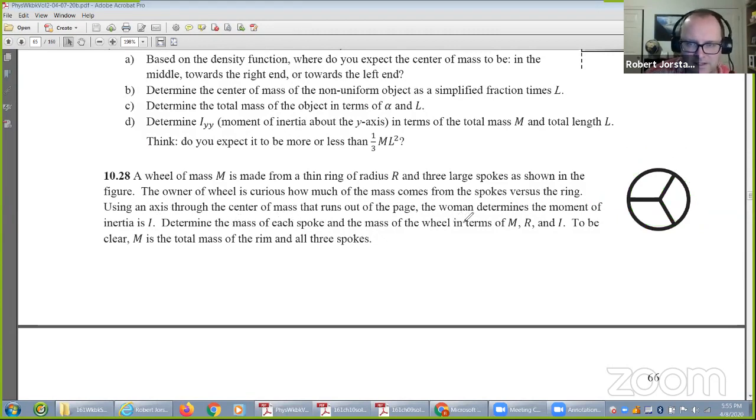The woman knows the moment of inertia. So now she knows what I is, and she's trying to work backwards to get the different masses, the different components. So basically the rim has mass M1 and each of the spokes has mass M2. And you do the same exact problem as before, only you don't know these parts.